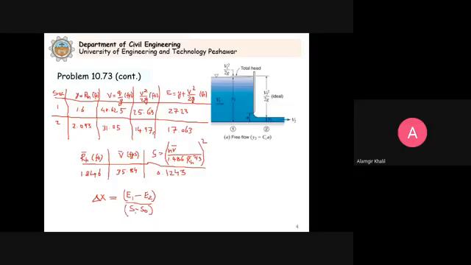So from here, when you put in the values, this will be equal to 82.06 feet.